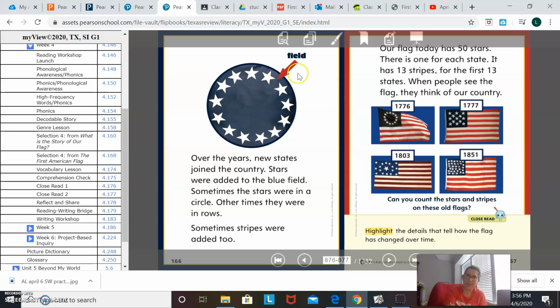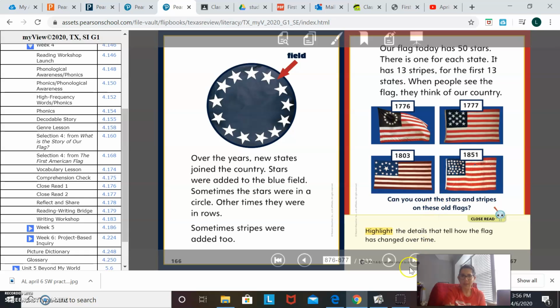And here is another label, and it says field. The blue field. This is what they're talking about when they say stars were added to the blue field. And then we have headings here that show the dates of the flags. They kind of changed over time.